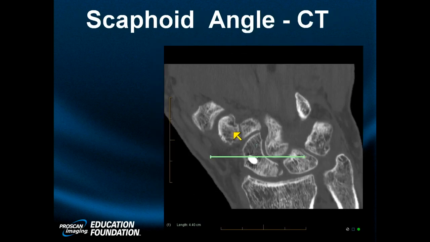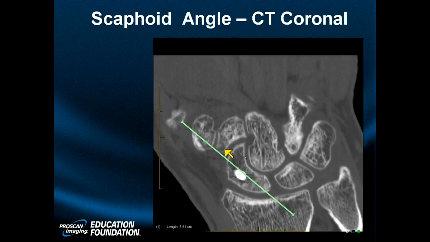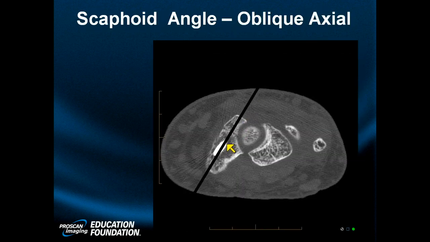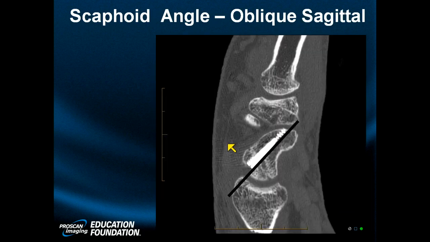So let's go back. Axial acquisition, coronal reconstruction, axial oblique, sagittal oblique, and now you have your sagittal oblique. One more left to go. And look at how well we're seeing the entirety of the Herbert screw, the entirety of the scaphoid, the character of the union.